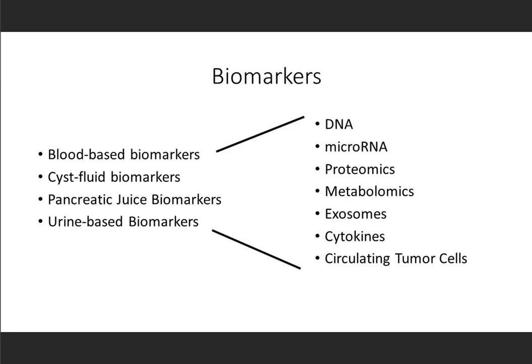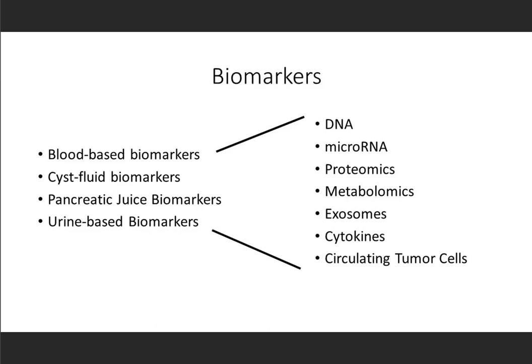There's been a lot of interest in another unique biological process called exosomes, as well as cytokines and circulating tumor cells. So these are all things that are happening rapidly and progressing quickly that we're using often in the preclinical animal laboratory to better understand and characterize the biology that drives pancreas cancer.